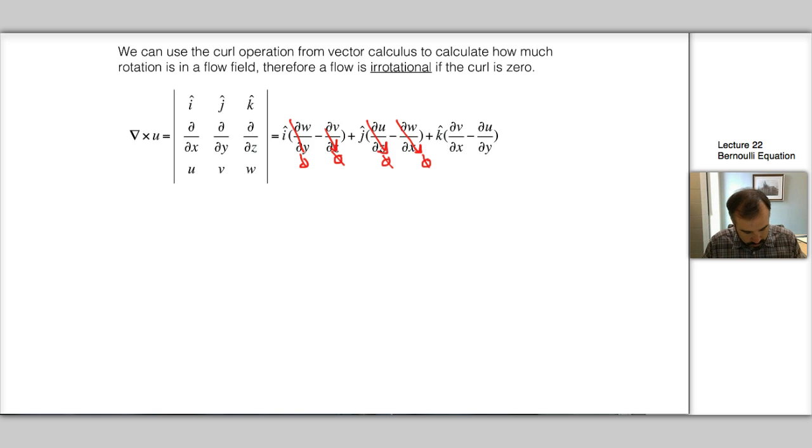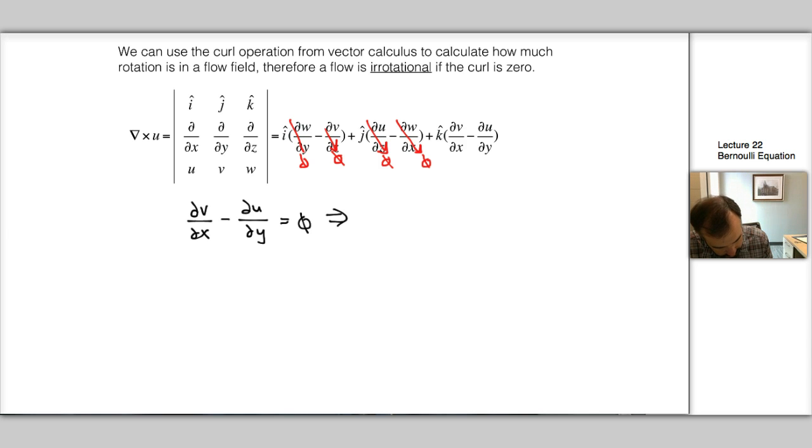Okay, so now we're going to look at just the k hat direction. This is the only component we have. We have dv/dx minus du/dy is equal to 0. And I want to rearrange that slightly because we're going to use this assumption of irrotationality to get an expression for du/dy that will be an x derivative.